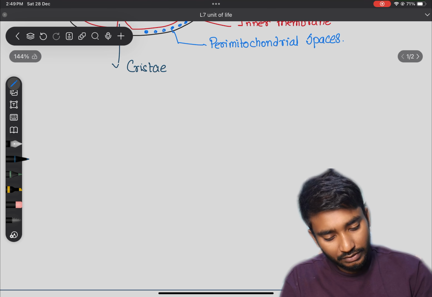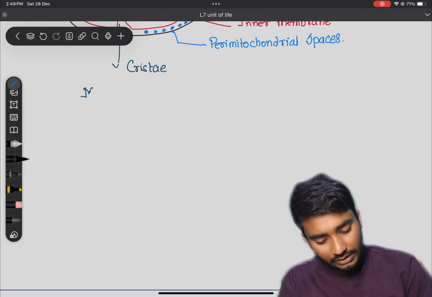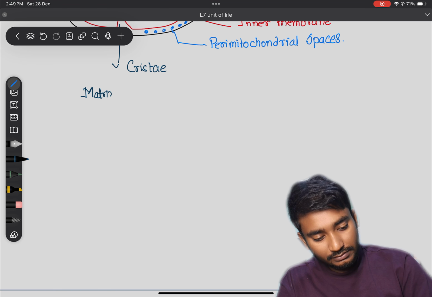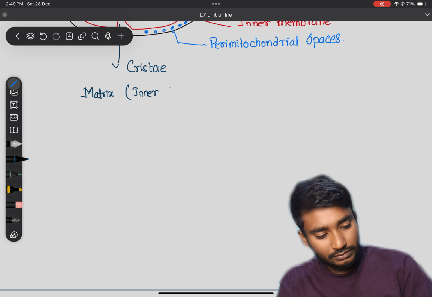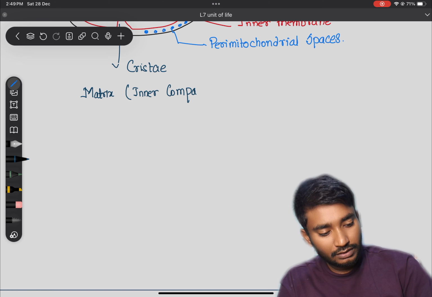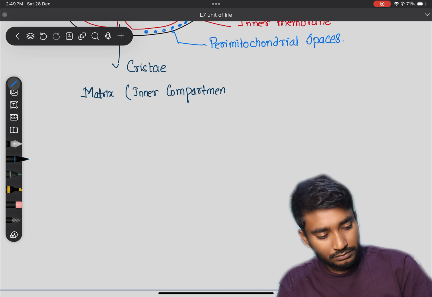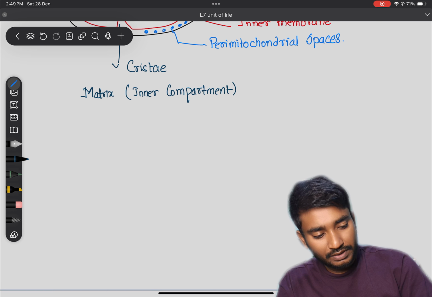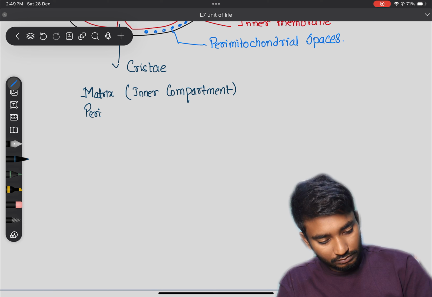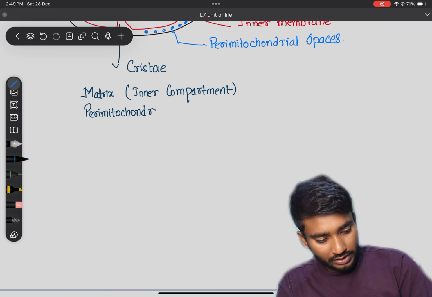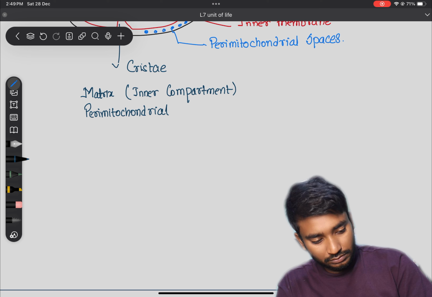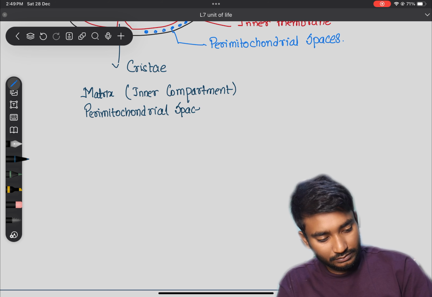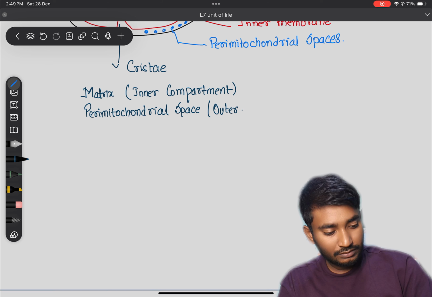Okay, so now you can differentiate. See, matrix is the inner compartment, and peri-mitochondrial space is the outer compartment.